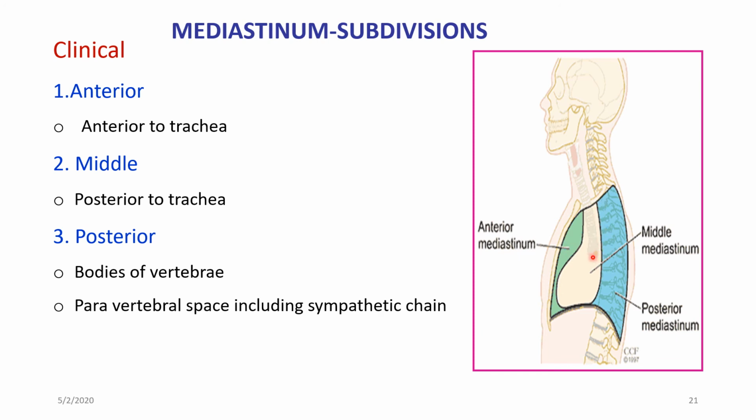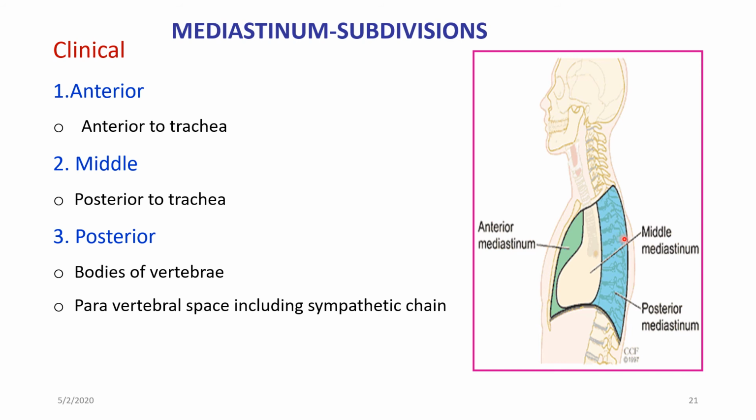Anterior to the trachea. This is the trachea. And then this is the middle mediastinum, which will be posterior to the trachea. Then there is the posterior mediastinum, which includes the bodies of vertebra and paravertebral spaces, including the sympathetic chain.